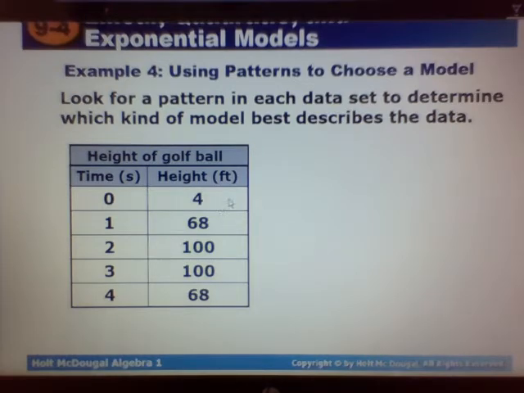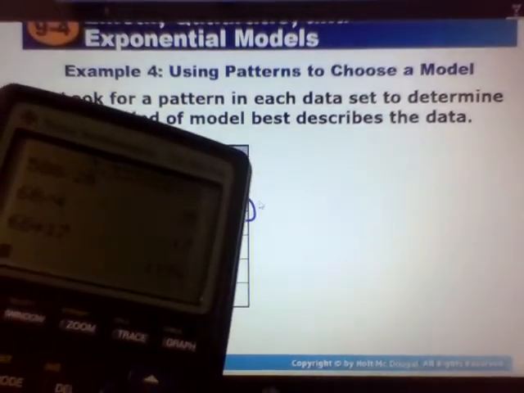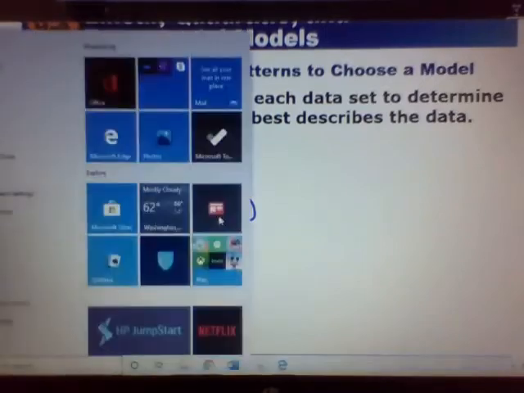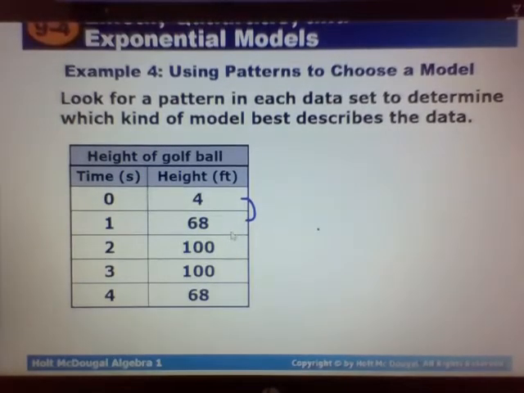So I don't necessarily see a number that would multiply by 4 to get 68, but let's check. Apparently it's 17. And so then if I take 68 and multiply by 17, I get 1,156. So this is not multiplying by 17 as much as we see that. So then we're going to start adding and subtracting.